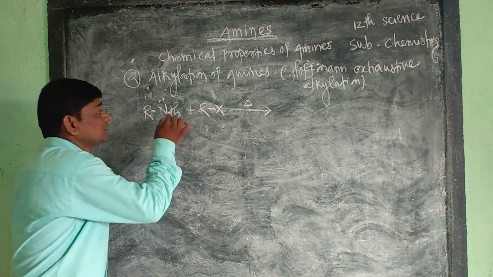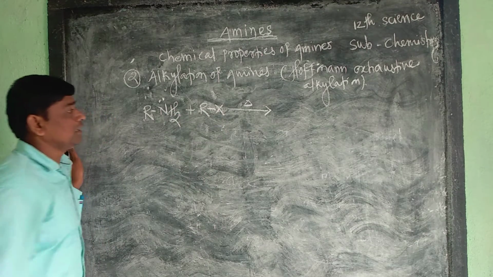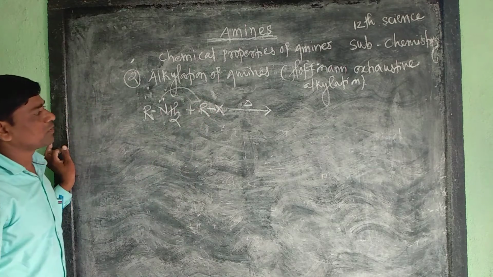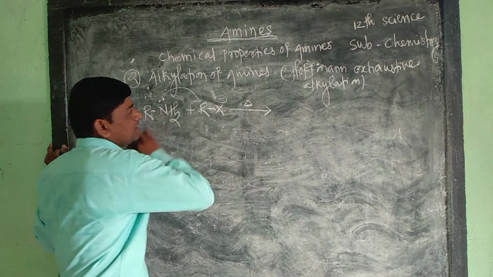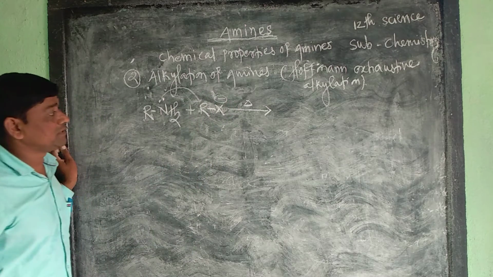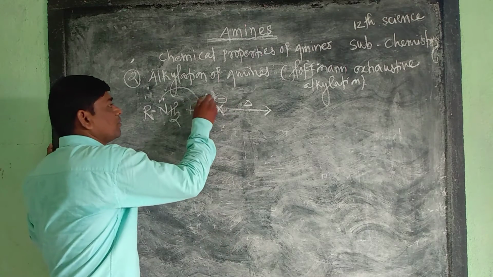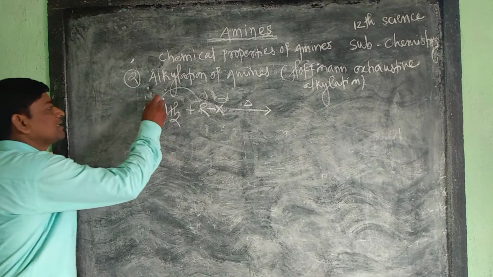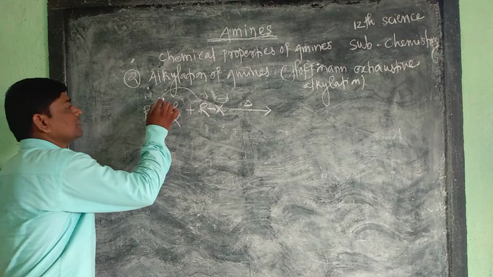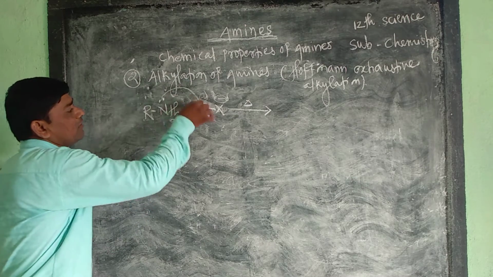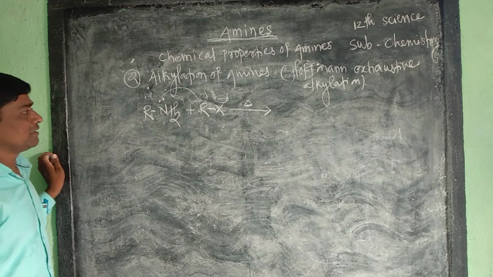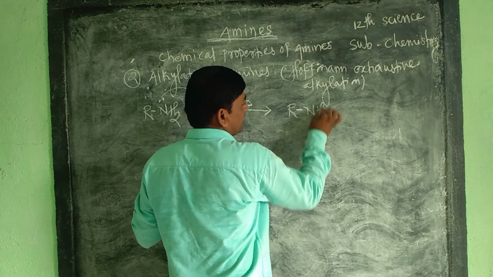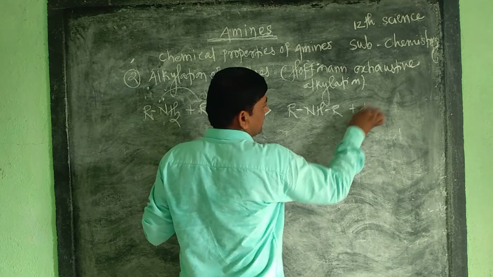The carbon attached to the halogen is an electron-deficient center, because the halogen is more electronegative and carries a partially negative charge, leaving the carbon partially positive. The amine is basic in nature, so it attacks this electron-deficient center, and that's why the product forms: R-NH-R plus HX.